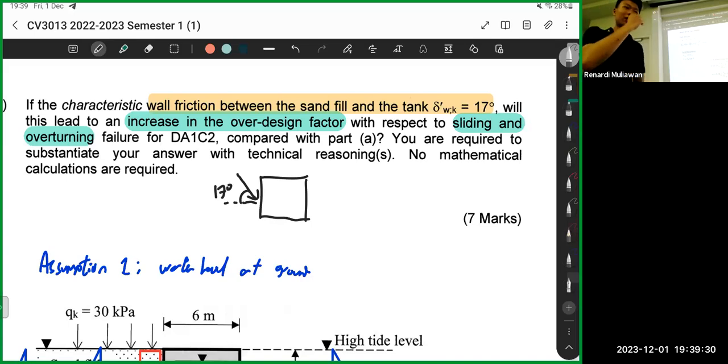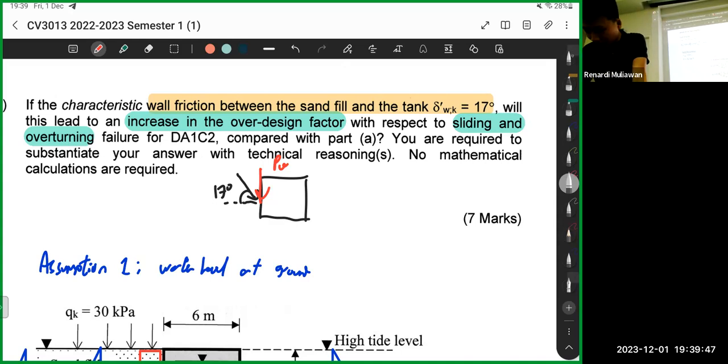Okay. So in that case, you have an extra vertical force, right? Because the resultant force is now tilted by 17 degrees. So there's an extra vertical force.